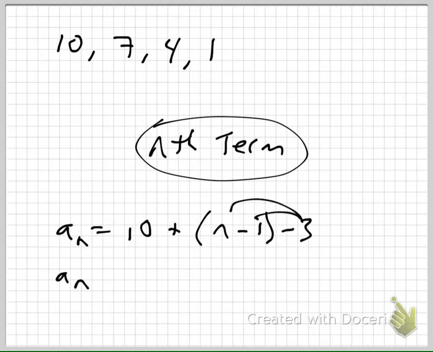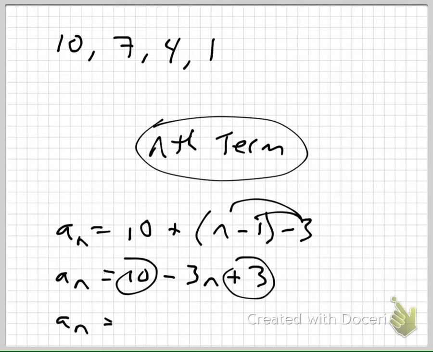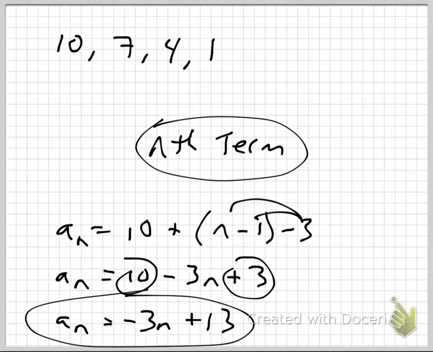I have A_n equals 10 plus, what is negative 3 times n? Negative 3n plus 3. What is 10 plus 3? A_n equals negative 3n plus 13. How many of you got that? No? What did you put?